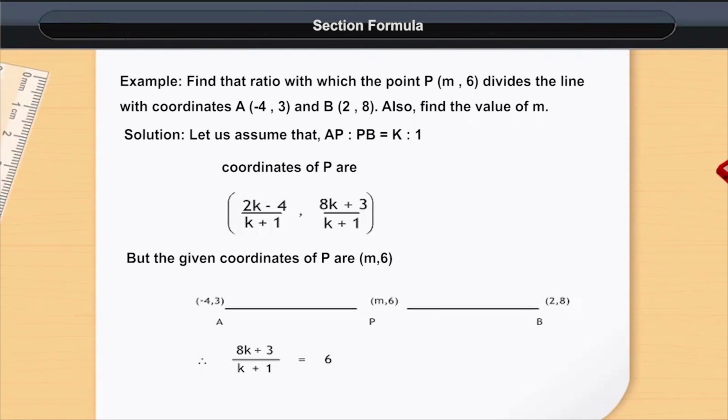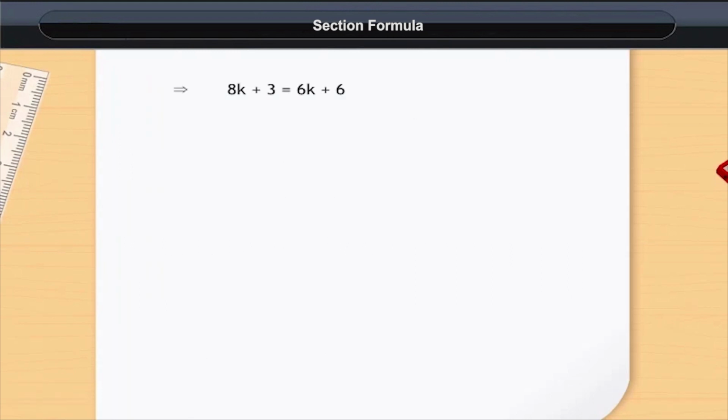Therefore, if we compare both the values, then we get (8k plus 3) divided by (k plus 1) equal to 6, which means that 8k plus 3 is equal to 6k plus 6, which means that 2k is equal to 3 or k is equal to 3 divided by 2.